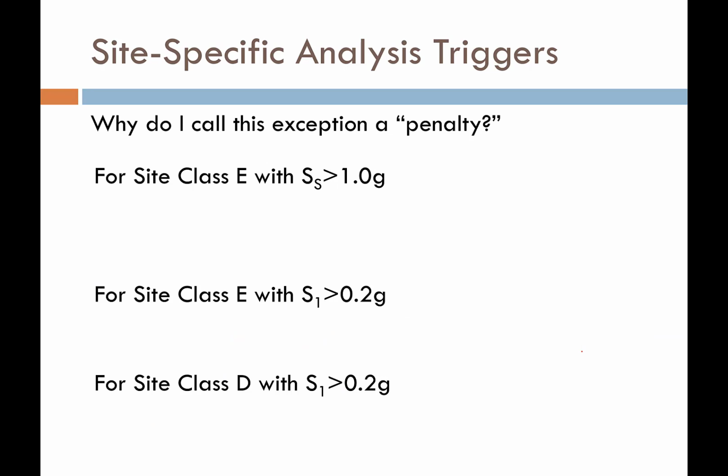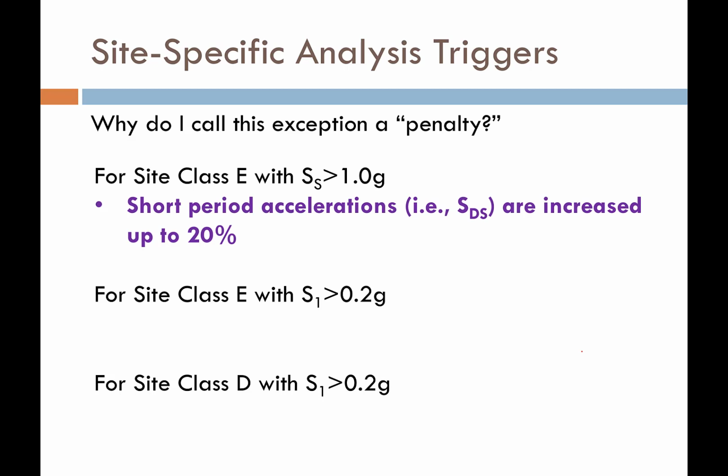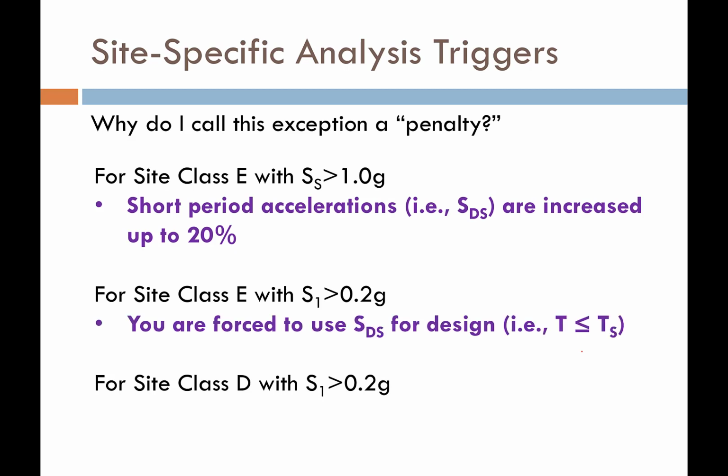So why do I call taking any of these exceptions a penalty? Well, for the site class E exception, those short period accelerations are going to be increased up to 20%. So you're increasing your ground motions by up to 20% for design. For the site class E exception with the long period greater than 0.2 G, you're going to be forced to use the peak of your response spectrum for design.